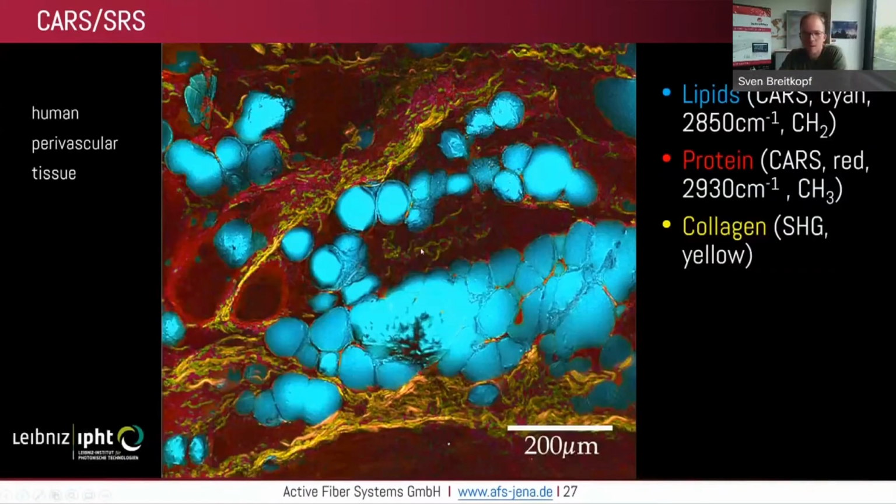This is an exemplary image of such a device. So here you can see some human perivascular tissue, and you can distinguish the lipids, proteins, and collagen in this tissue by using different sorts of signals coming from the same laser system. And this is very helpful, of course, because if you just looked at this with a standard microscope, you couldn't really tell the difference that well.